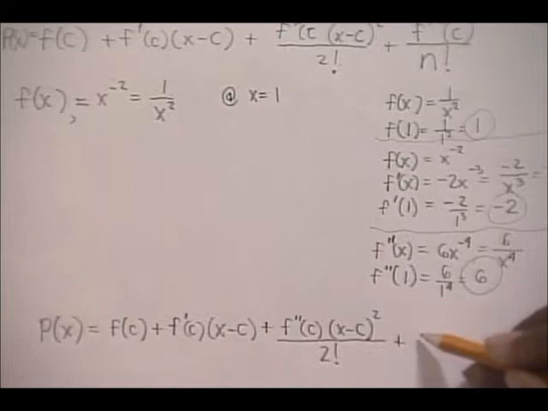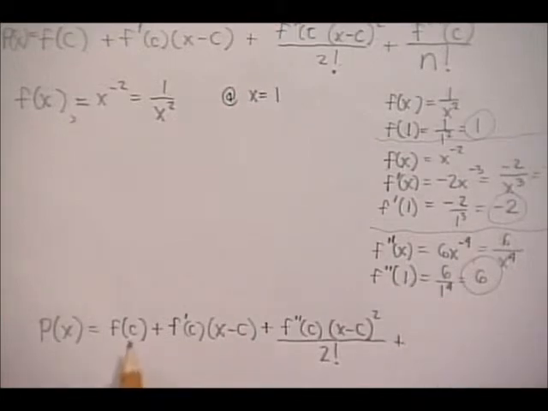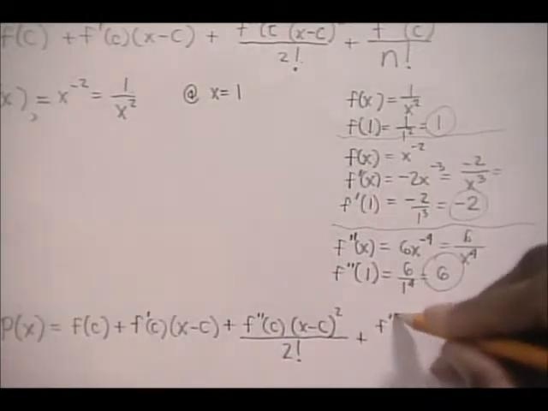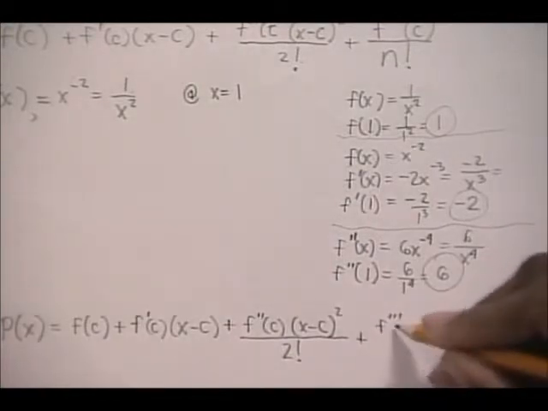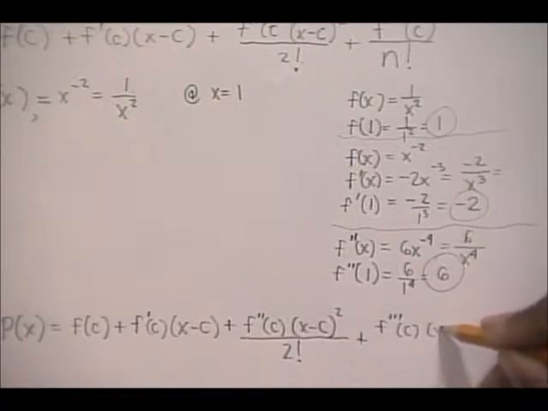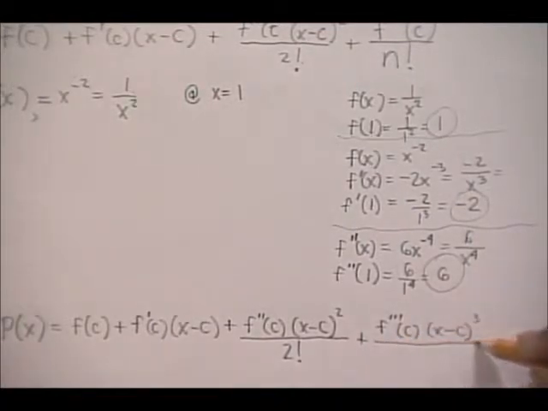The next term would be f triple prime sub c times x minus c to the 3rd power over 3 factorial. Hopefully you see the pattern here.